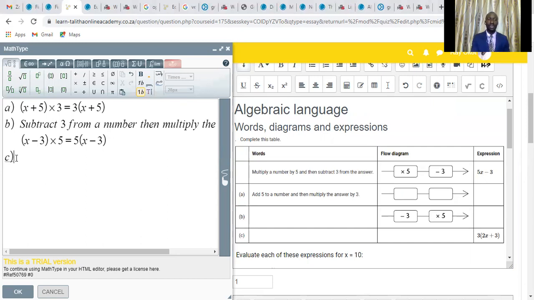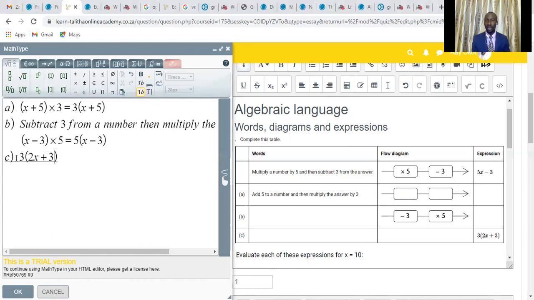We have been given the expression, which is 3 times 2x plus 3. This is the expression that we have been given.